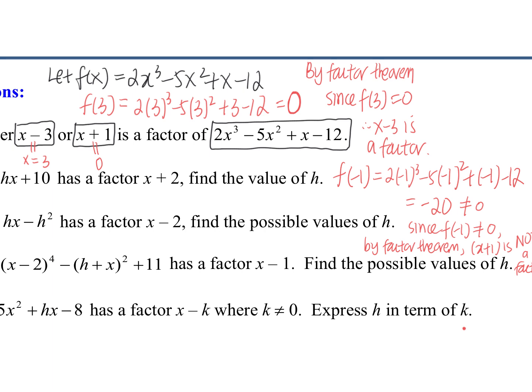Okay, always define. If they define it for you, better, but if they never, you define first before you use. Because if you don't define it and then suddenly here got f of minus 2, it is weird. They don't know where it came from. So you have to let it be f of x first before you can use it here. Okay, so define your expression or your polynomial properly first.